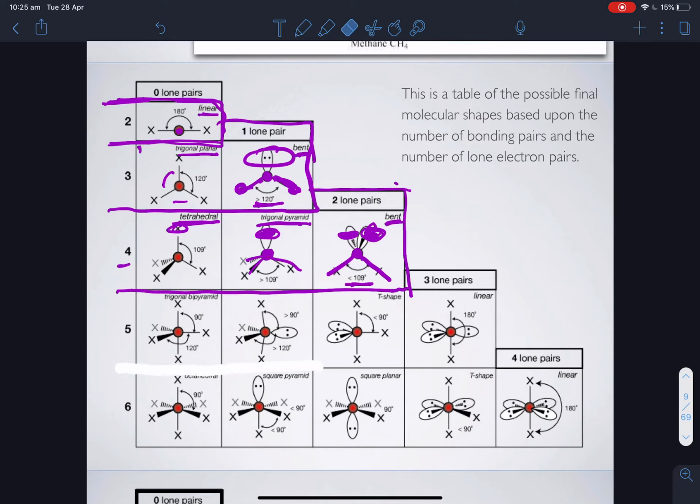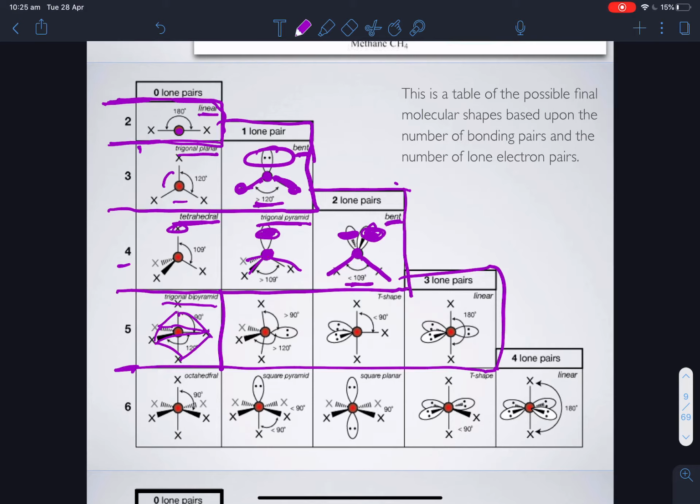Okay, when we have 5, we have 4 options. We can have 5 bonding regions with 5 actual bonds in there, and we get this trigonal bipyramid shape that we discussed earlier, where they're all arranged equally away from each other.